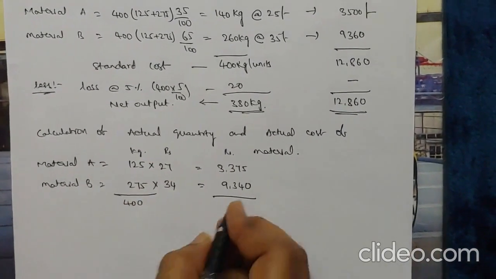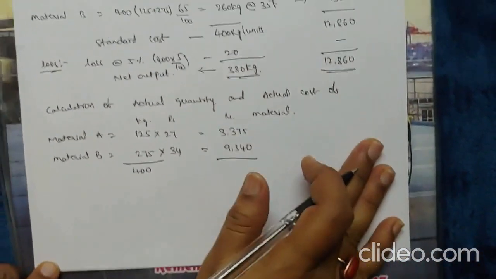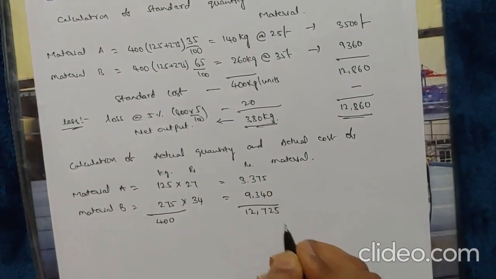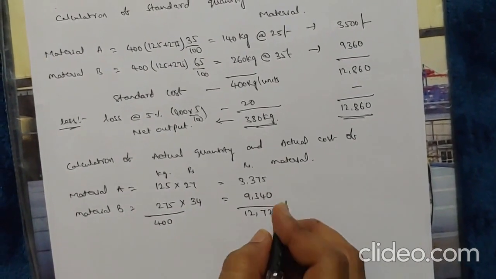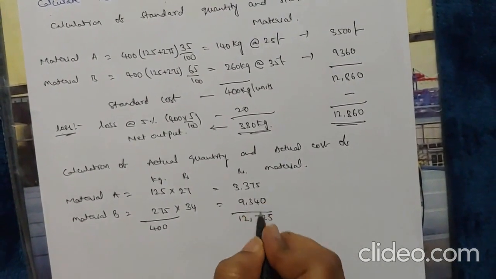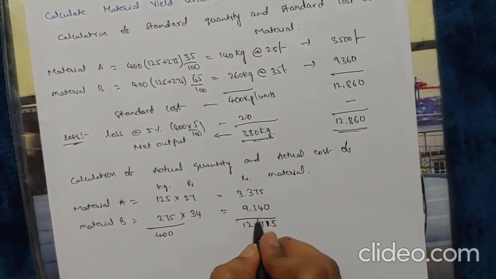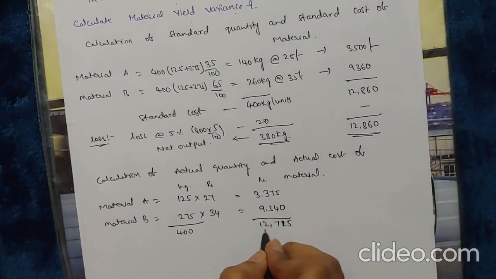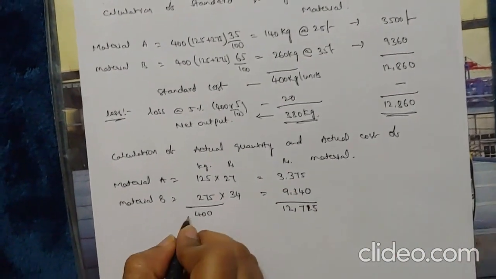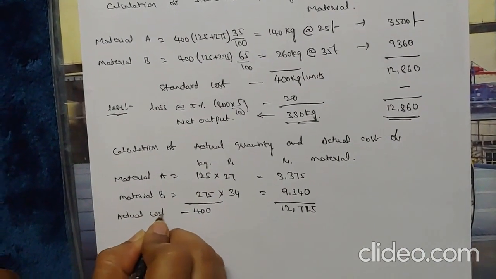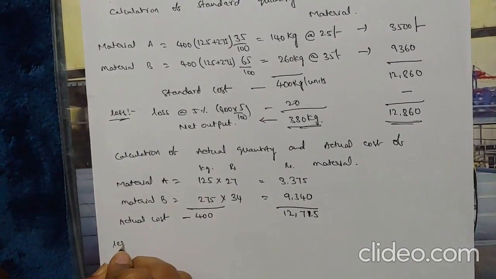Material A is equal to 125 kgs. 125 kgs into per kg 27 rupees equal to 3,375 rupees.